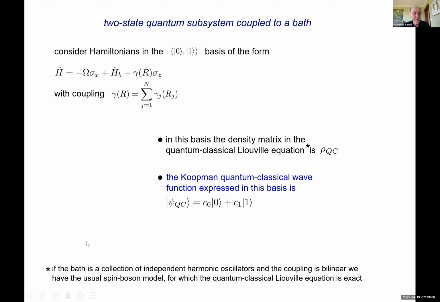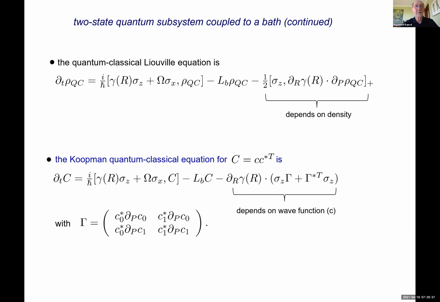And again, I don't know if you can see the bottom of this slide, but the footnote is a reminder that if I consider bilinear coupling and a harmonic bath, then the quantum classical Liouville equation is equivalent to exact quantum dynamics. And in fact, I'm going to assume that now because that will allow us to really focus on the distinctions between these two and their connection to full quantum dynamics.